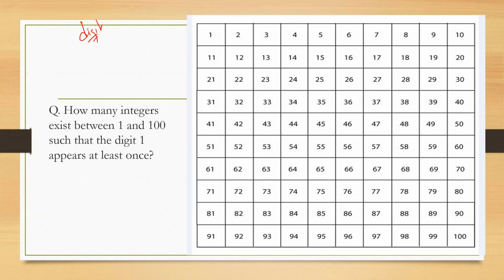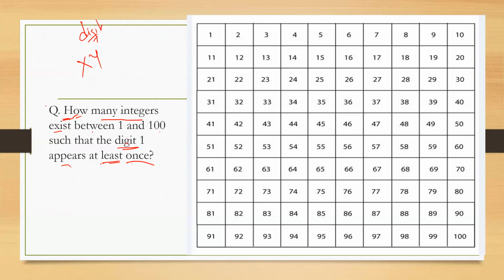But if the question is of this format, see the question carefully. It says, how many integers exist between 1 and 100 such that the digit 1 appears at least once? At least once means that in the number, let's say an integer xy, one of the digits has to be 1.